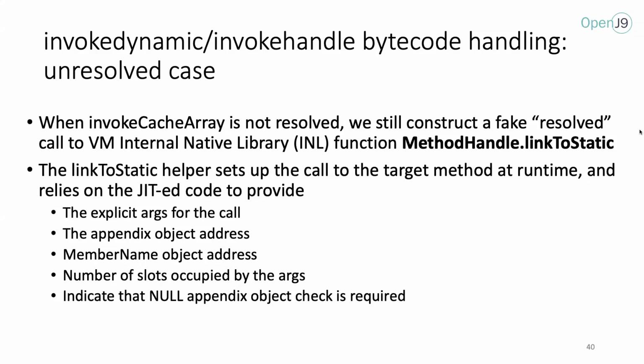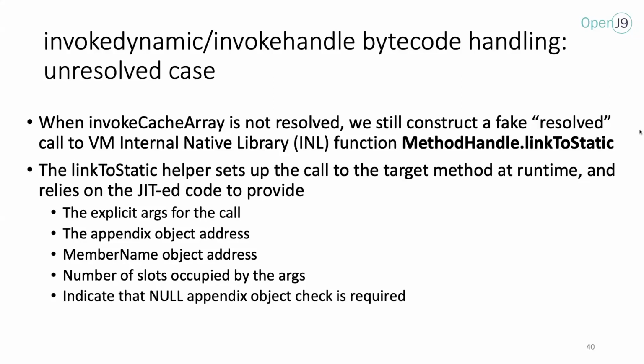However, the JIT code has to provide a few things in order to do that. From the JIT code, before we dispatch into the linkToStatic helper, we need to have on the stack the explicit arguments for the call, and then the appendix object address, the member name object address, and the number of slots occupied by the arguments, so that we can locate the beginning of the stack specific for that call.